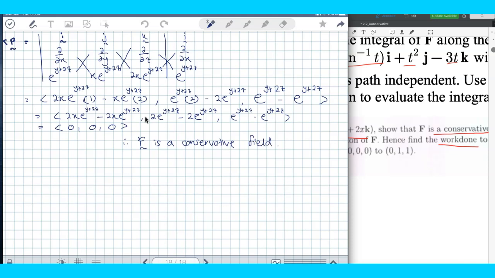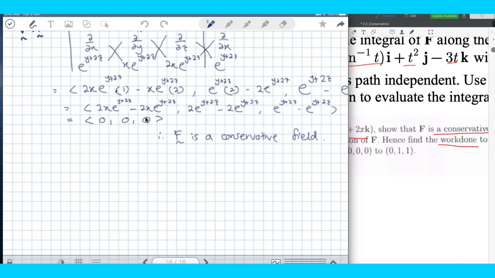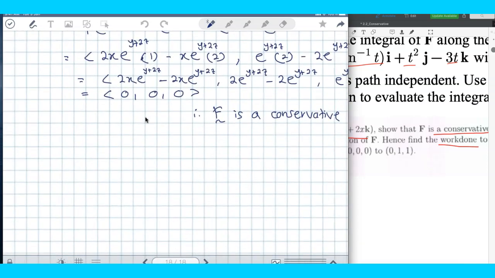It's not so complicated, right? But you have to be careful when you differentiate partially. Next, since it is conservative, we are able to get the scalar potential function, as we know the given vector field can be written as the gradient of phi.